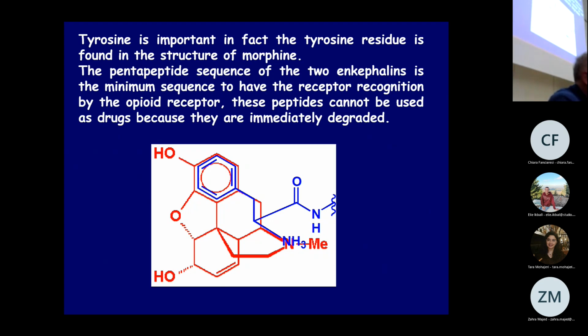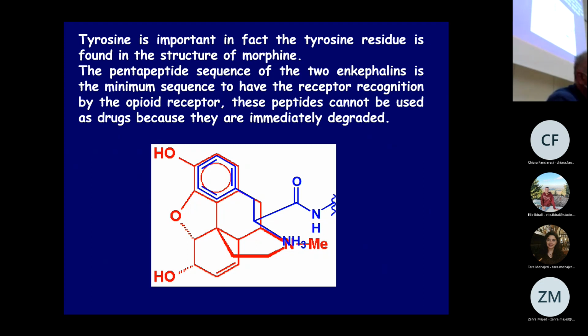And who were the scientists who investigated the simplification of the chemical structure of morphine? German scientists during the Second World War.